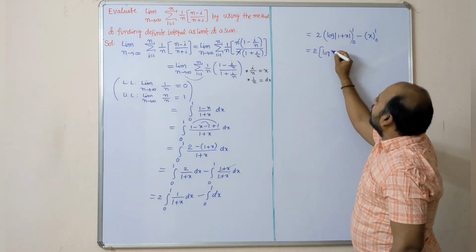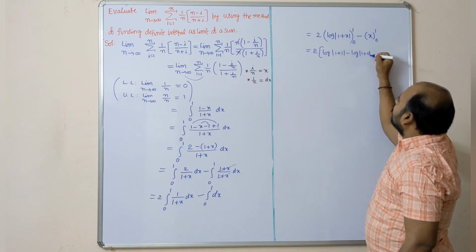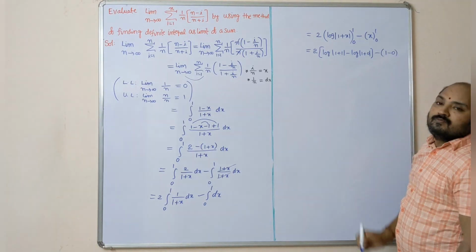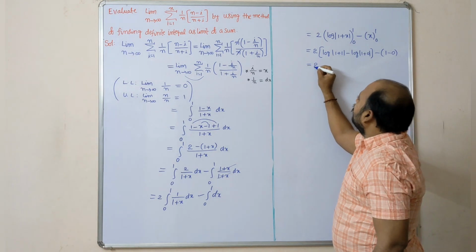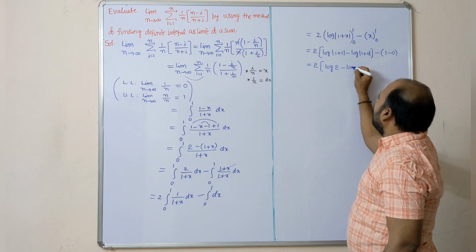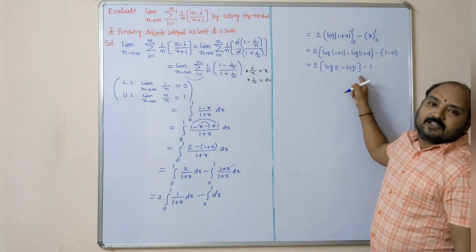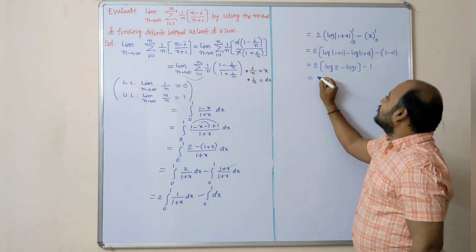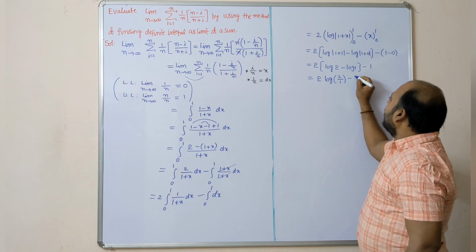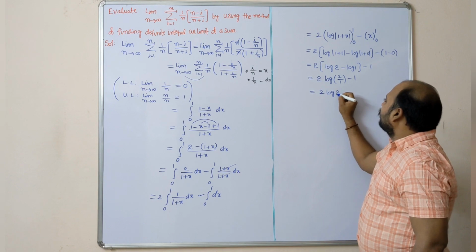So log of 1 plus 1 minus log of 1 plus 0, minus 1 minus 0, which is equal to 2 into log 2 minus log 1, minus 1. Log a minus log b is log a by b. So which is equal to 2 into log 2 by 1, minus 1, that is equal to 2 log 2 minus 1.